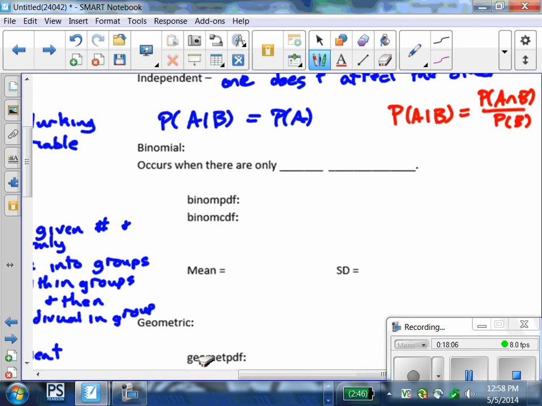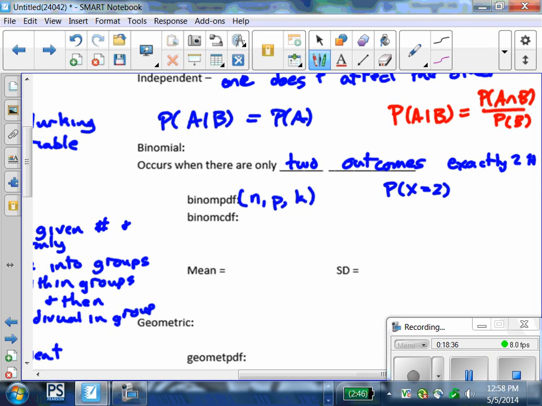Binomial is a situation that occurs when there are only two possible outcomes. Yes, no. Win, loss. The binomial PDF, if you're going to use that in the calculator, the syntax will be N, P, and K. And what that is, you would use that for the probability that x equals 2. We flip a coin 5 times, and if we had exactly 2 heads, right?